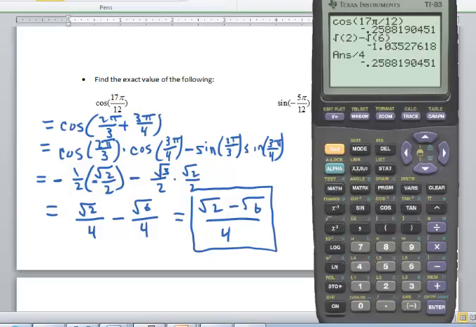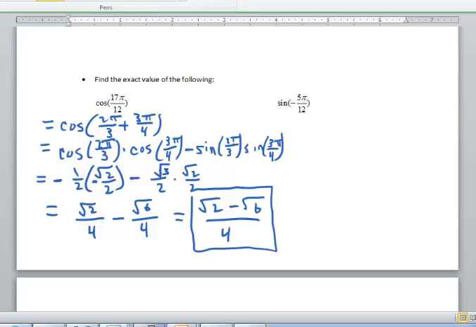Yep, and in both cases I get negative 0.2588, and so on. All right, so that works. That's my exact value of the cosine of 17 pi over 12.